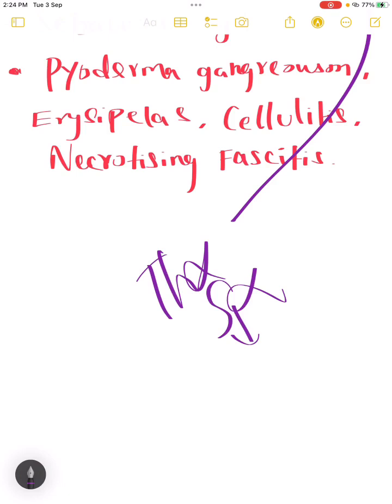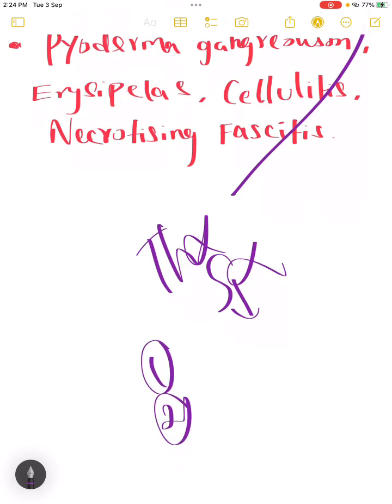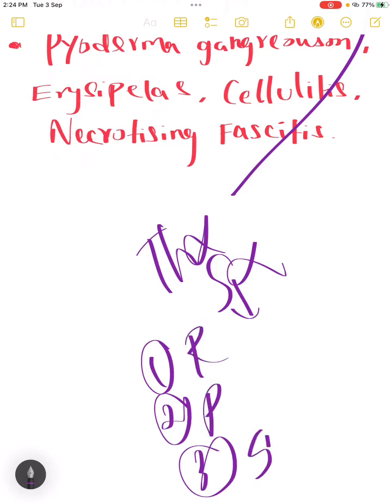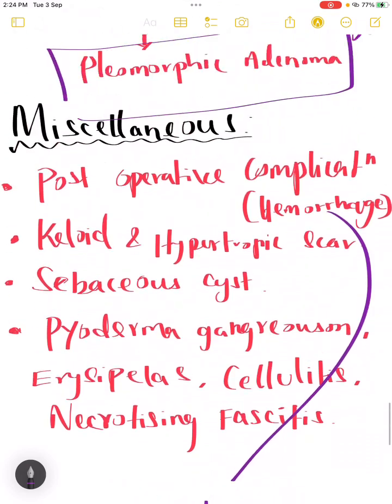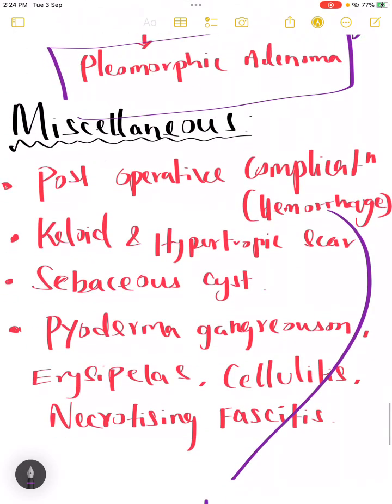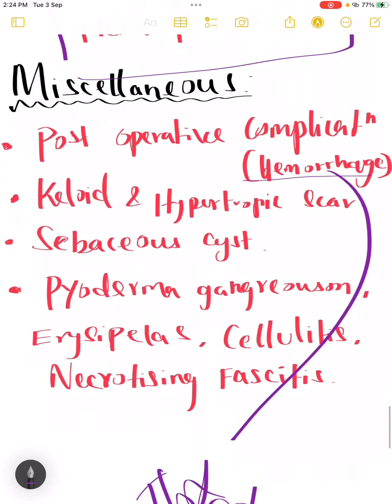The second will be within 24 hours, which is primary, and the third will be after 3 to 4 weeks, secondary, if I'm not wrong. These are the concepts for post-operative hemorrhagic complications.